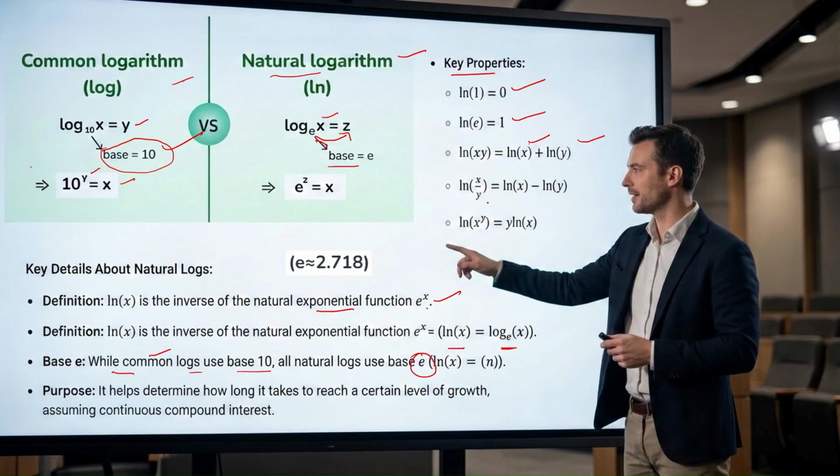Ln of x by y is ln x minus ln y. Multiplication gives plus, division gives minus. Then ln x power y is y ln x. These are important.